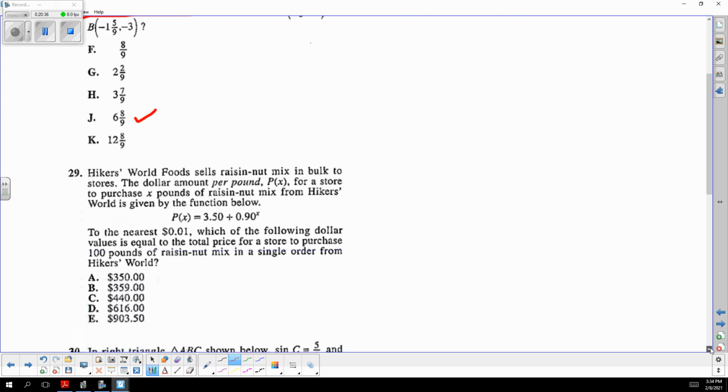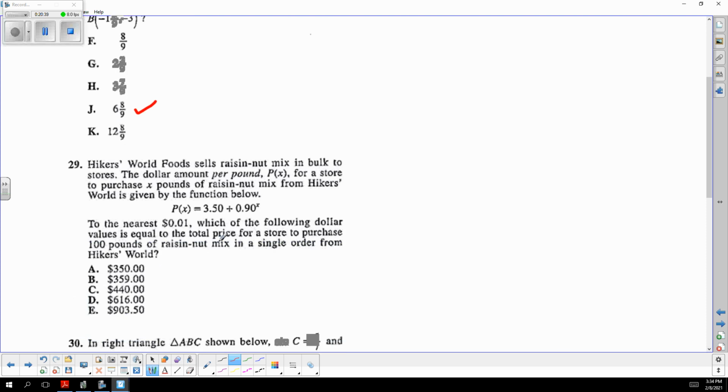29 is we are purchasing 100 pounds. To the nearest cent, what is the dollar value equal to the total price for storage for 100 pounds? So all that is to plug in. Let's see, hikers sell raisin nut in bulk to stores.